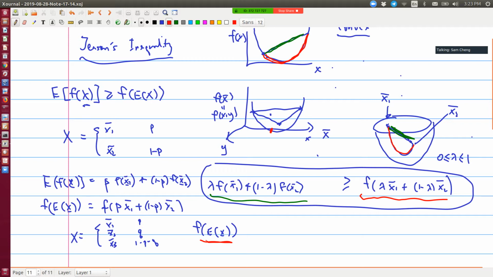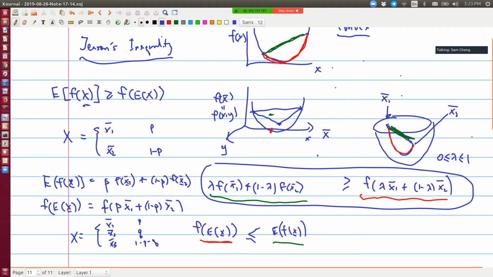On the other hand, the expectation of f(x) will be basically this point here, right? So the expectation of f(x) will be bigger than f of the expectation of x.